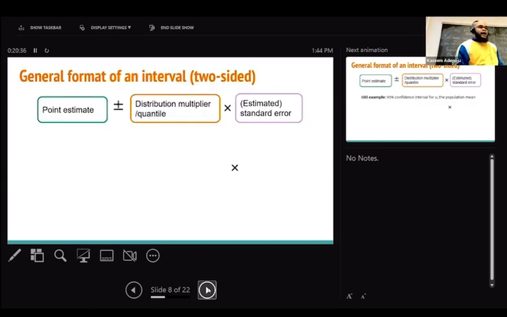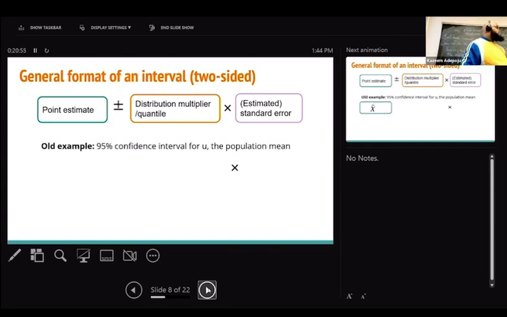Now, how do I get the confidence interval? Of course, it's going to be point estimate plus or minus margin of error. The margin of error is when I multiply the distribution quantifier by the standard error. Now, I quickly want to remind you what you've done before in statistics, where you want to figure out the 95% confidence interval for mu.